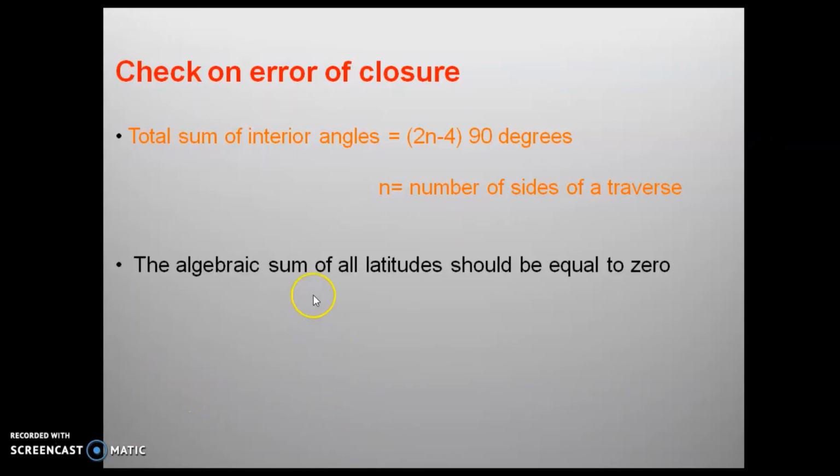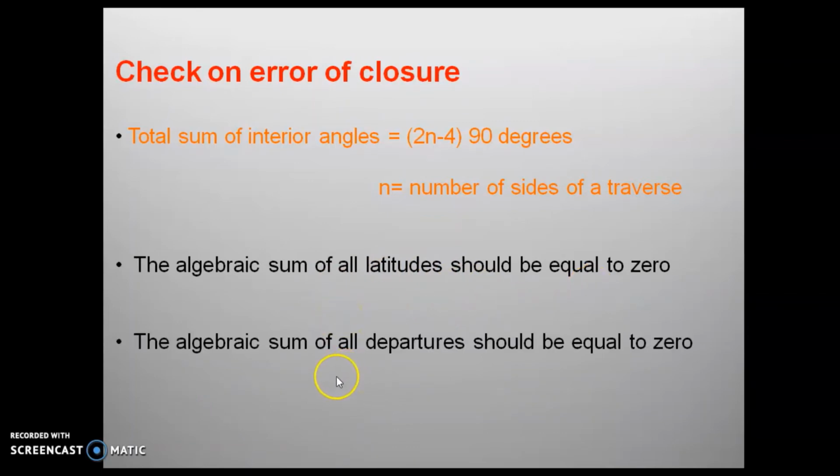The algebraic sum of all latitudes should be equal to 0, and the algebraic sum of all departures should be equal to 0. What does this mean? Some latitudes will be north, so positive, and some will be south, so negative. If you add all the northings and southings, it should equal 0. If not, there is some error.